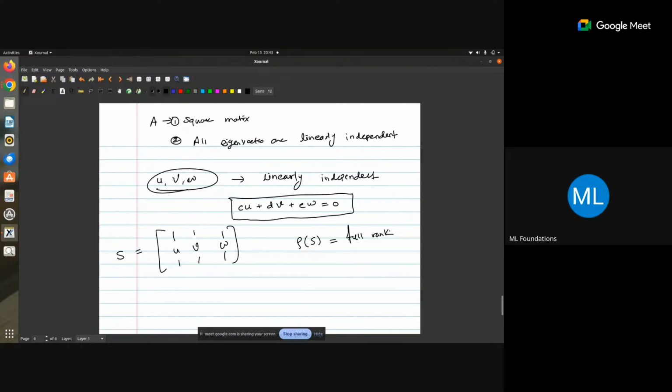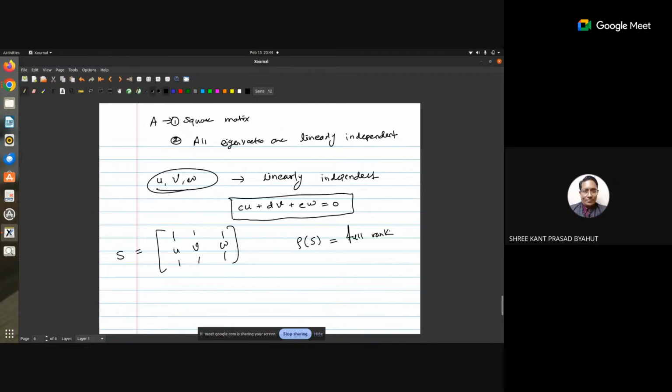Sometimes it is possible that with repeated eigenvalues you also get different eigenvectors, which are linearly independent to each other. But sometimes with repeated eigenvalues you will get the same eigenvector. So if you get the same or dependent eigenvectors, in that case that matrix A cannot be diagonalizable, right?